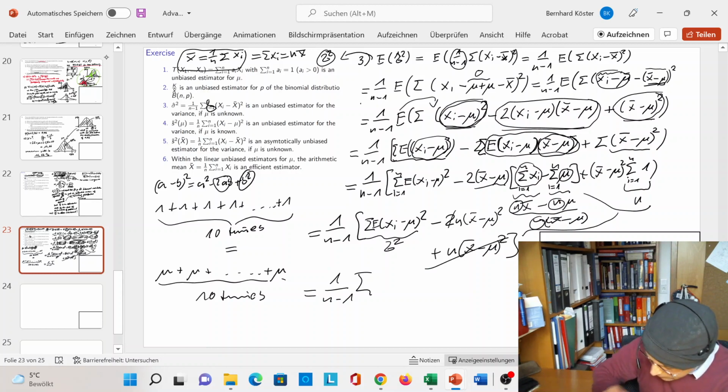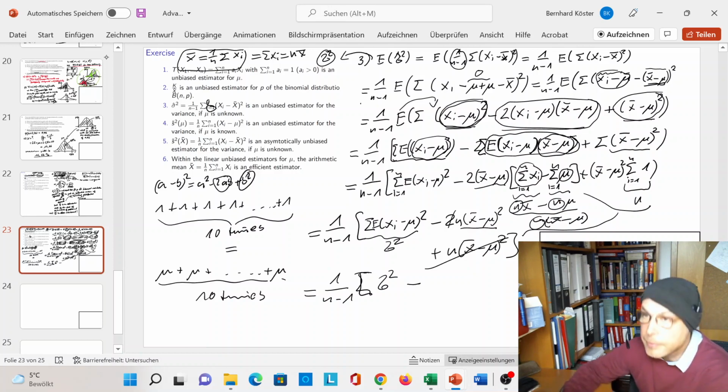Here we need the expected value. So we obtain our sigma squared minus sigma squared times x.